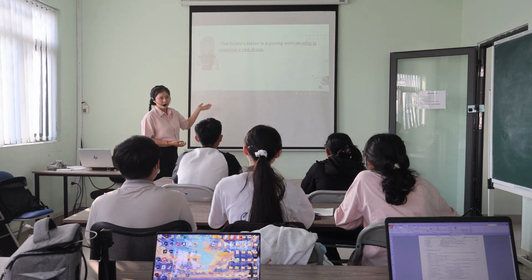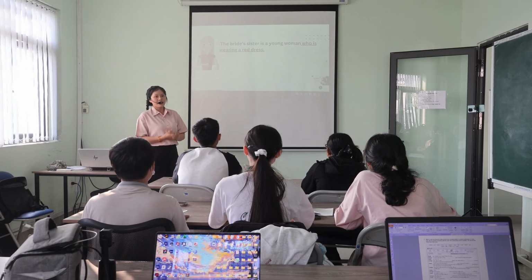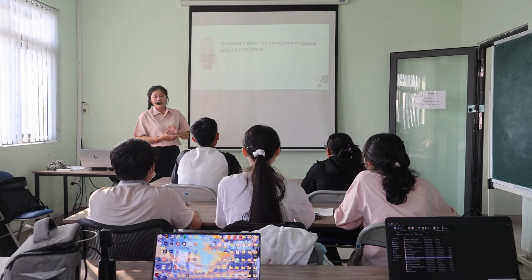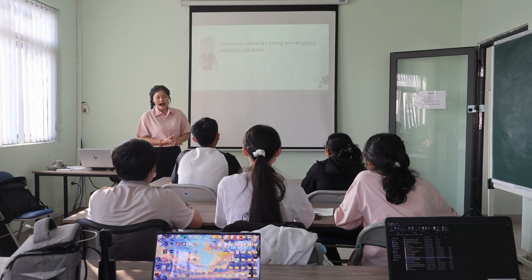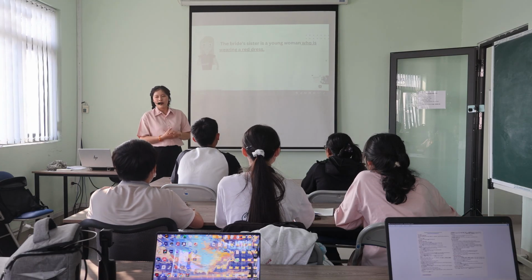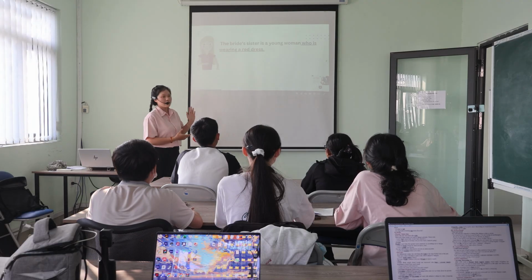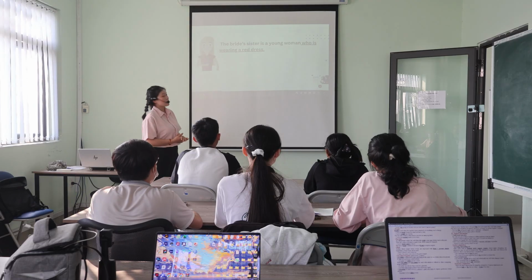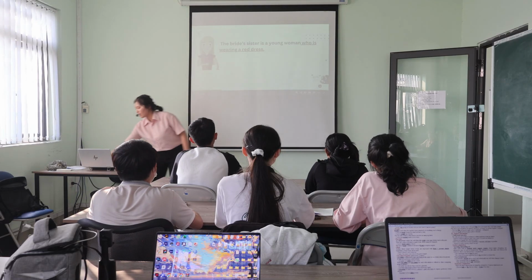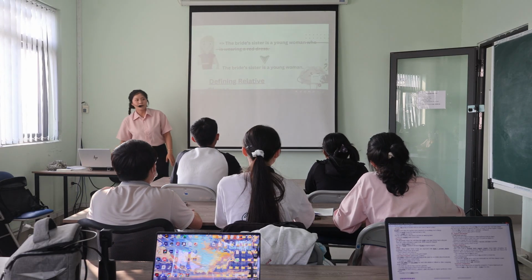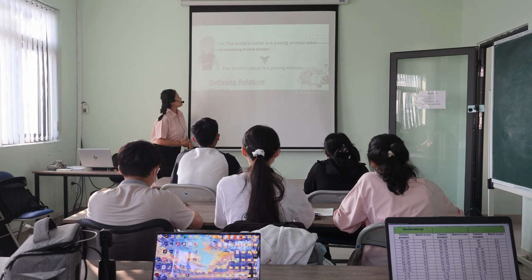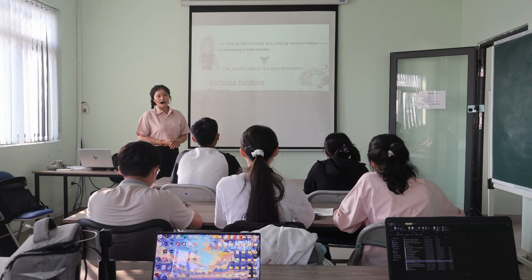This phrase tells us which sister we are talking about, because at a wedding party there are lots of young women and we don't know which is the bride's sister. So we add the phrase who is wearing a red dress. What happens if we remove the phrase? The sentence becomes the bride's sister is a young woman.